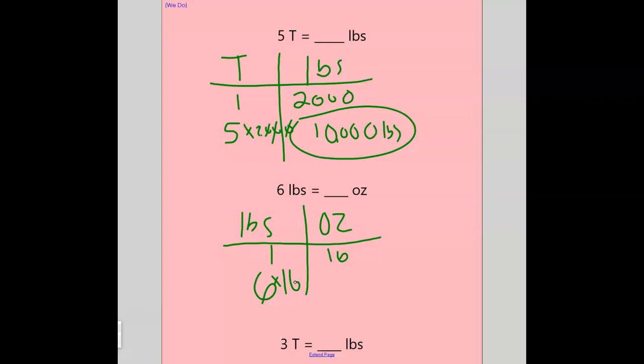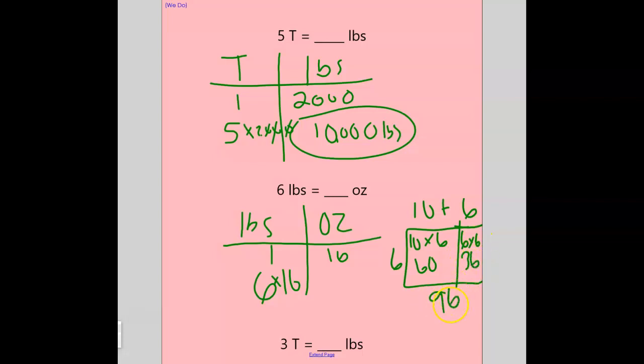All right, so 16, 10 plus 6, and then the 6 on the side. 10 times 6 in my first box is 60. 6 times 6 in my second box is 36. Add those together, and I get 96. Okay, I'm going to skip the bottom one.